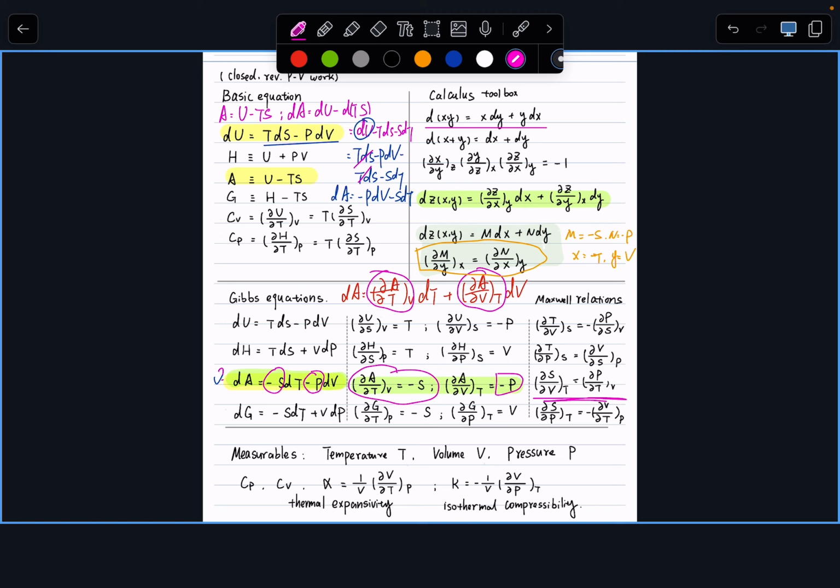We write volume equals to nRT, 1 plus BP divided by P. So my dV over dP at constant T. On the top, so my nRT, 1 plus BP, this doesn't have any pressure in there.